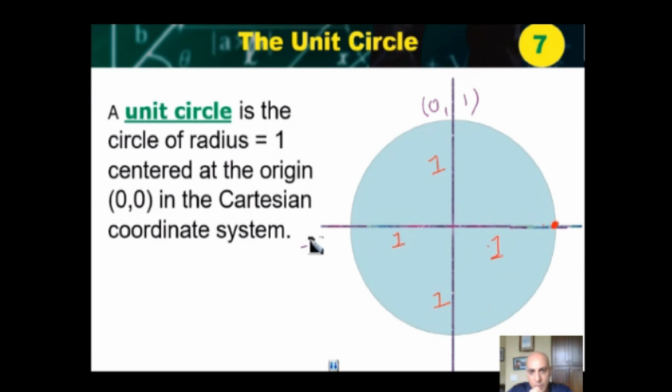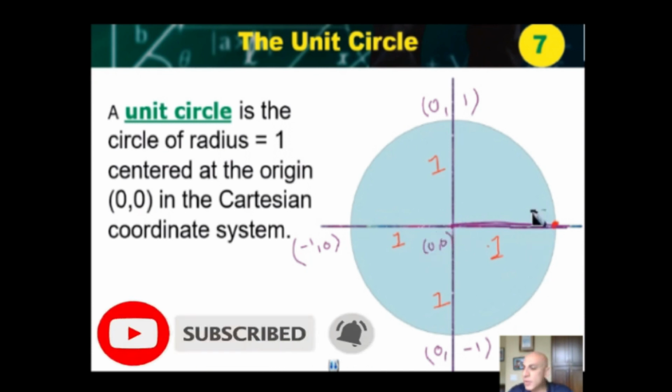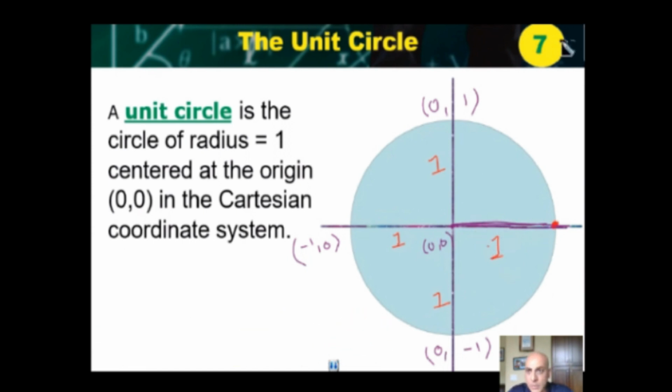Negative 1, 0. 0, negative 1. All right. So it's because of this length here. This length is 1. It's a radius, and that doesn't change for the circle, so it's always 1 like that. Remember that you are centered at 0, 0. And that's basically the unit circle. See how beautiful that thing is? I love it.